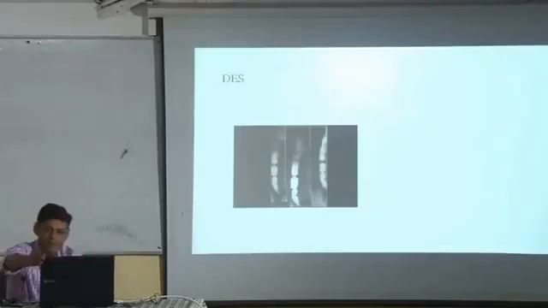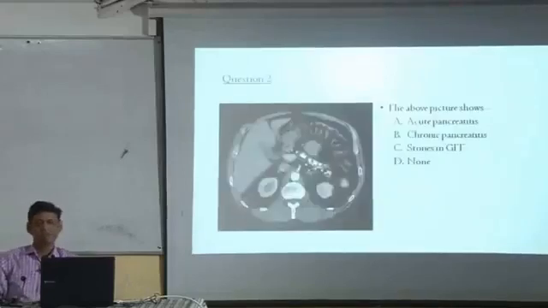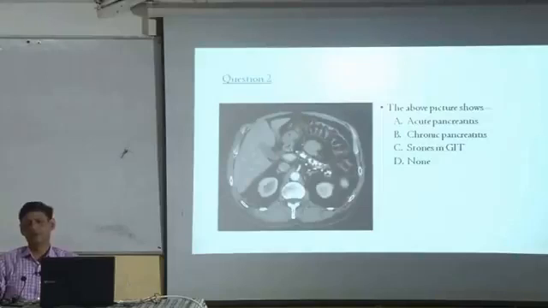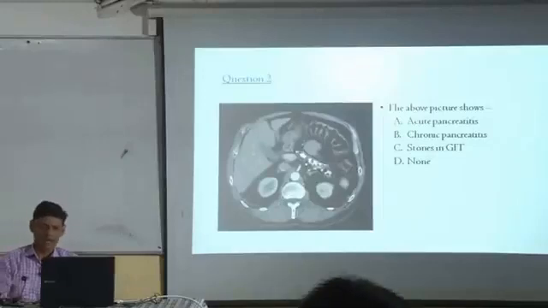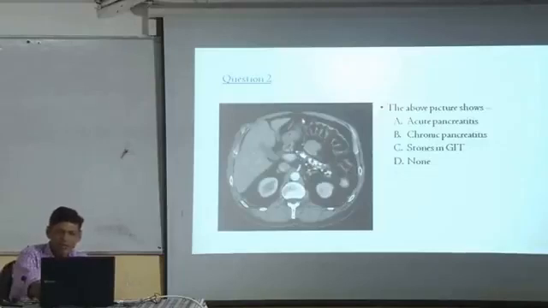Now, the second thing that we have, question number 2, this picture shows chronic pancreatitis. Why is it chronic pancreatitis? We can see the calcification in the pancreas. This is where actually the calcification, you can see it. Okay?